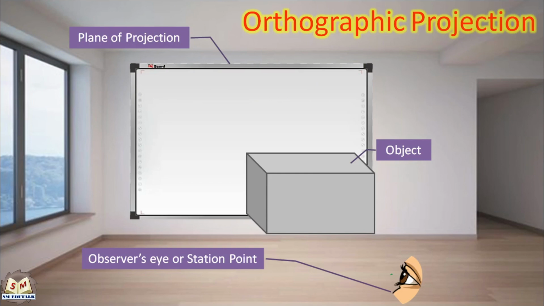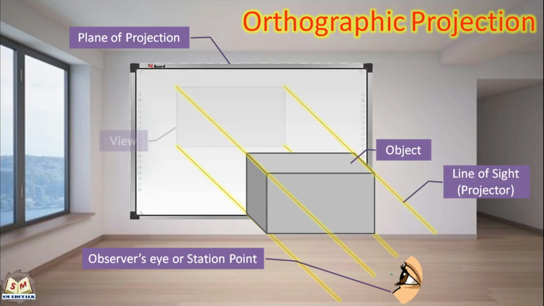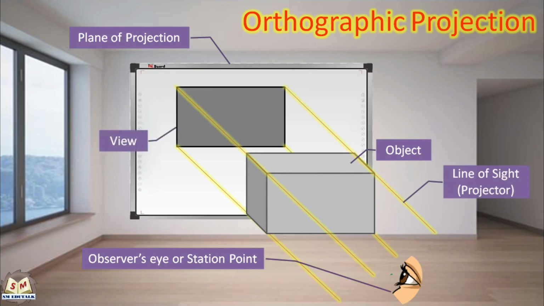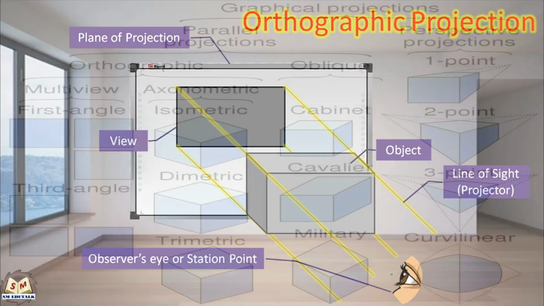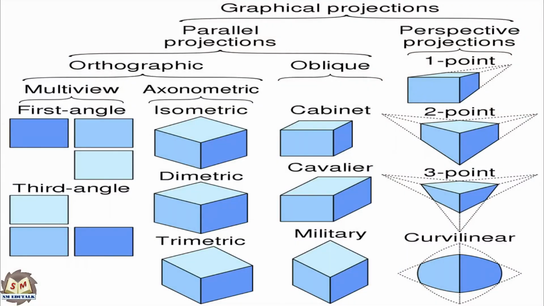Ortho means 90 degrees or perpendicular. That is, in this projection method, all the projection lines are perpendicular to the plane of projection. In other words, these lines are parallel to each other. There are many types of projections. They are broadly classified into two types: parallel projection and perspective projection.